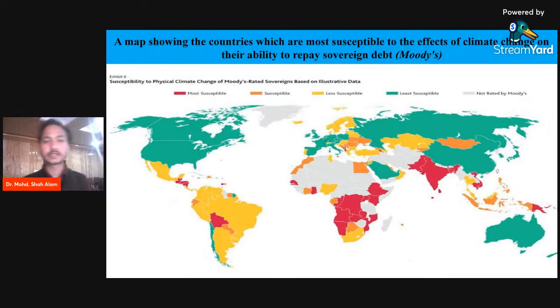This map shows the countries which are more susceptible to the effects of climate change in their ability to repay sovereign debt.